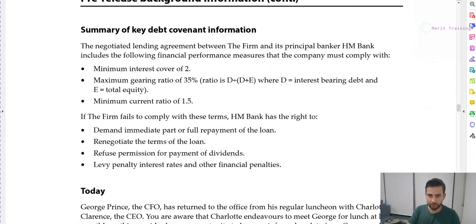Immediate repayment of loan, immediate part or full repayment of the loan, renegotiate terms of loan, refuse permission for payment of dividends, levy penalty interest rates, and other financial penalties.